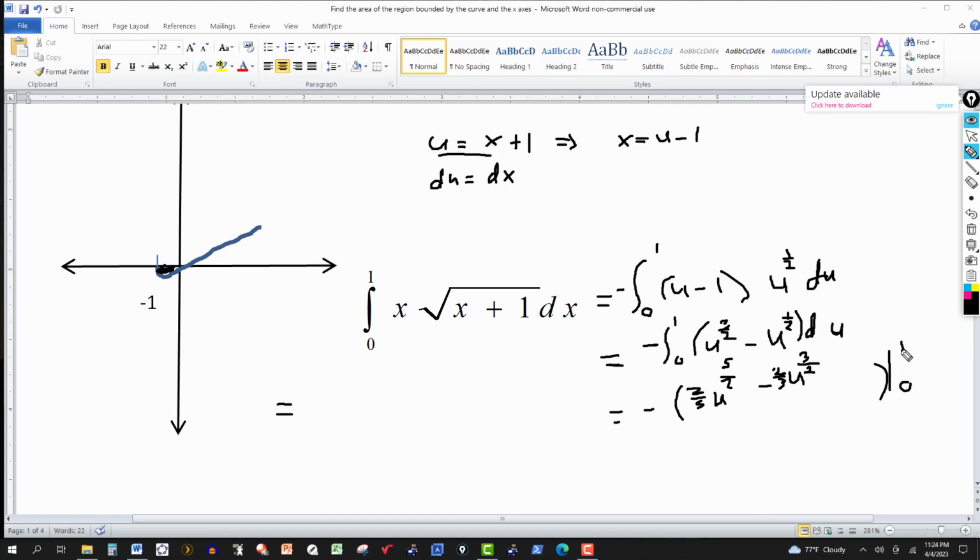Now replace the u by 1 here. Again, I'll leave the minus out here. 1 to any power is going to give me 1. So the first term is just going to give me 2/5. And it's minus, again replacing u by 1, 1 to the 3/2 is 1 times 2/3, so it's still minus 2/3.